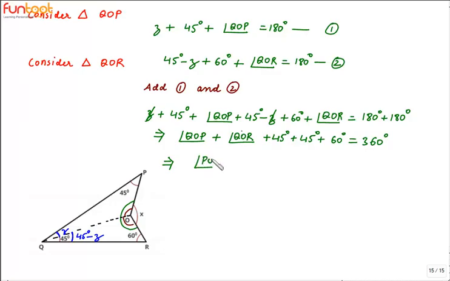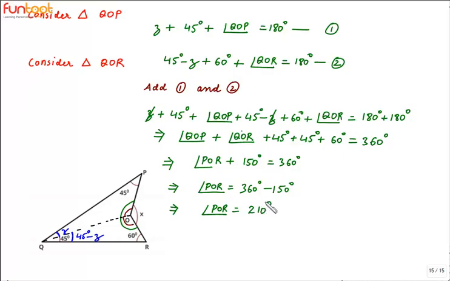So this becomes angle POR plus 45 is 90, 90 plus 60 is 150 degrees is equal to 360 degrees. So this implies angle POR is equal to 360 degrees minus 150 degrees. So this implies angle POR is equal to 210 degrees.